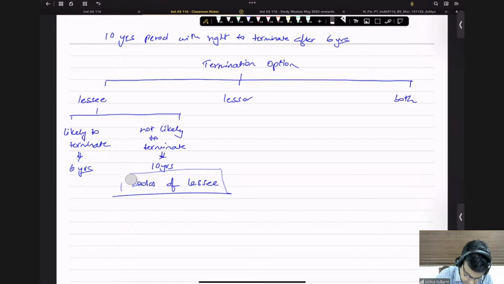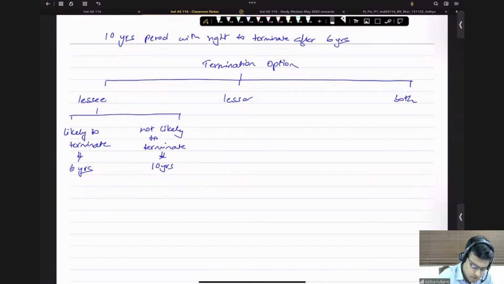Are you agreeing with this part? From the lessee's perspective, are you in agreement? Forget reassessment and all, that will happen anyway. But right now we are discussing, as on the date, what you are going to treat. Okay, Srishti said she agrees. Manini, do you agree? Soham, Shailendra, do you agree?